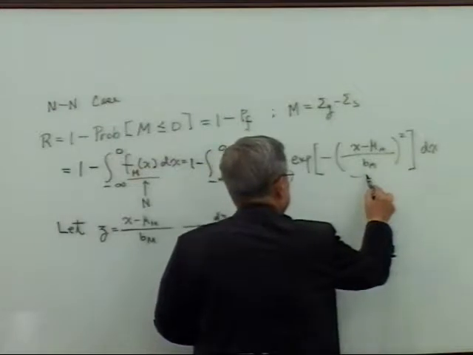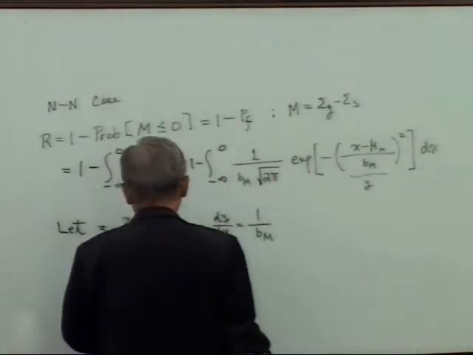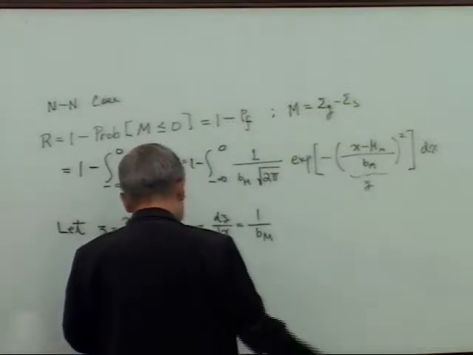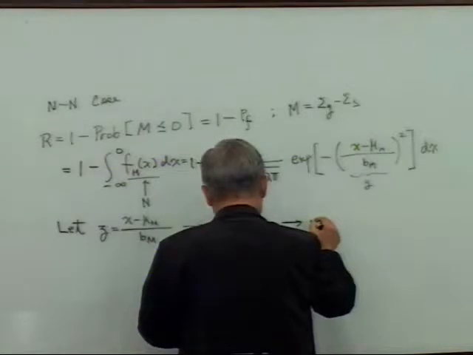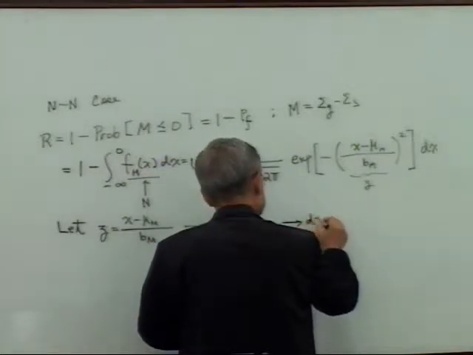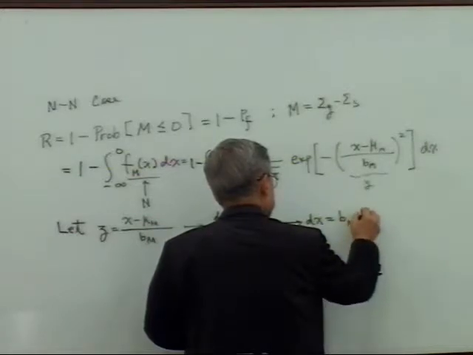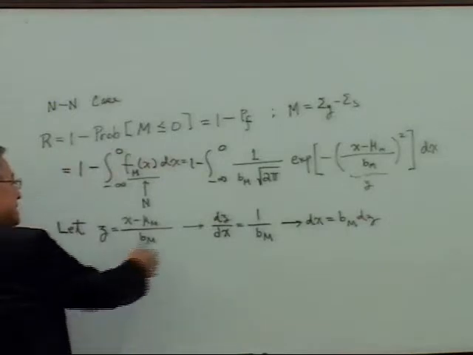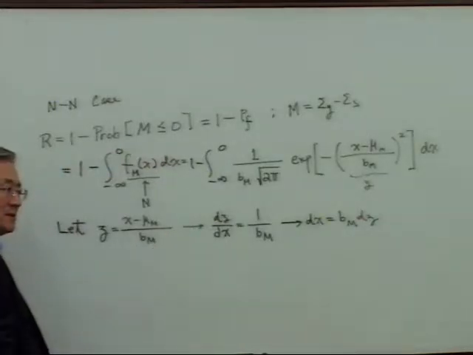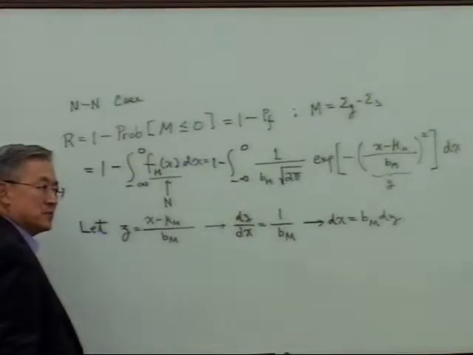So inside here is a z. Then from here dx is equal to sigma_M dz. So what's the reason for doing this change of variable?